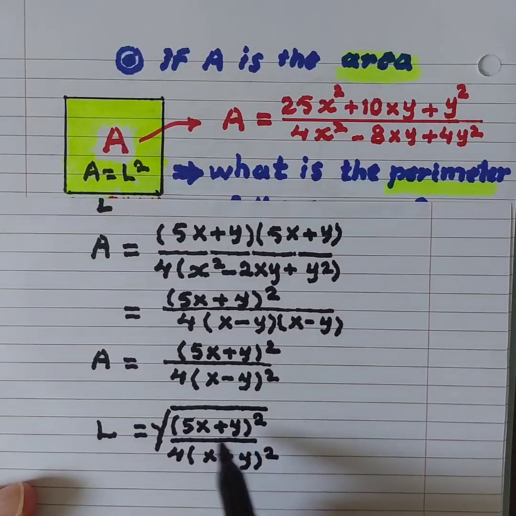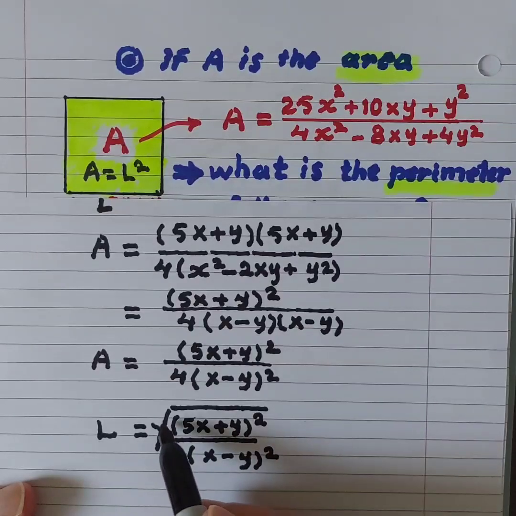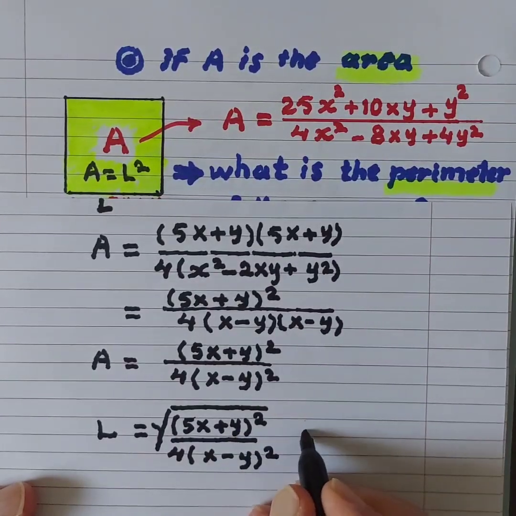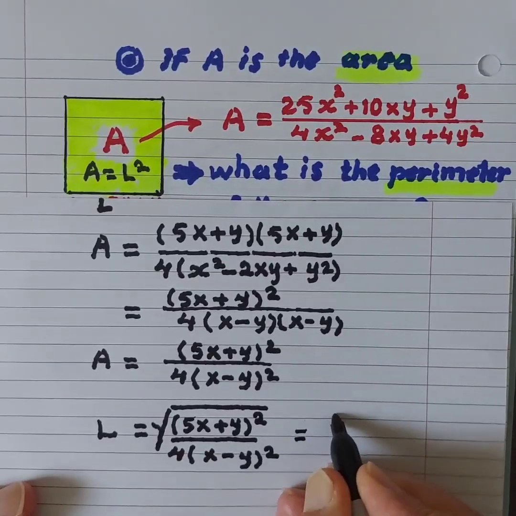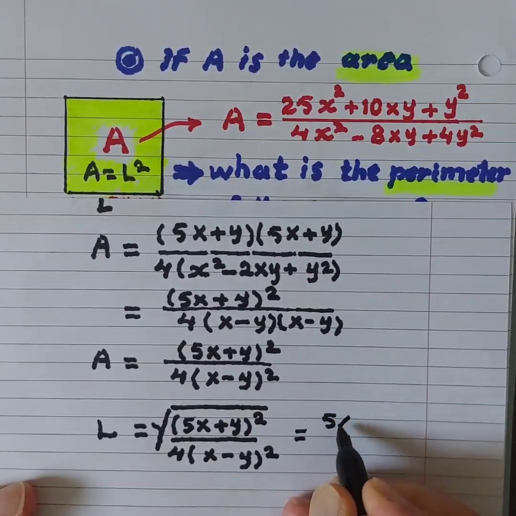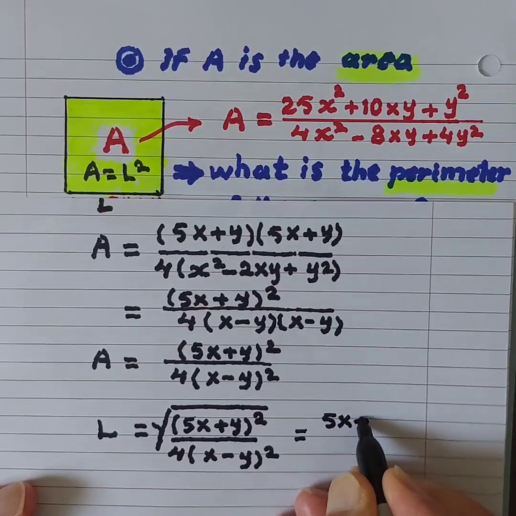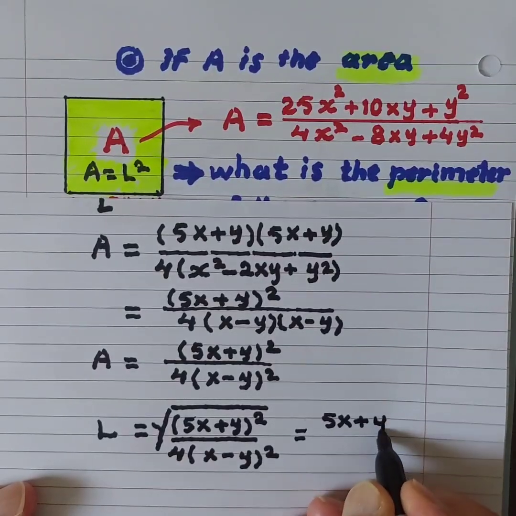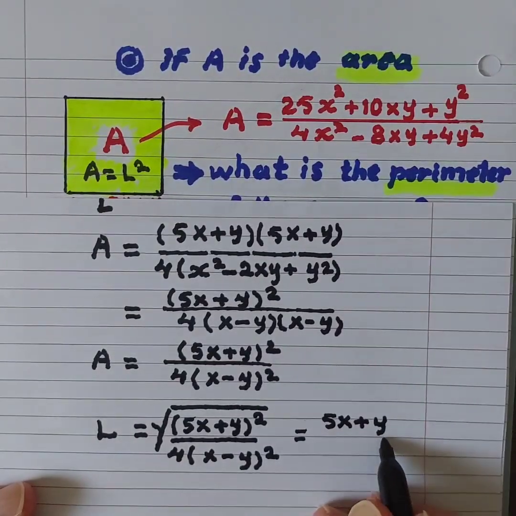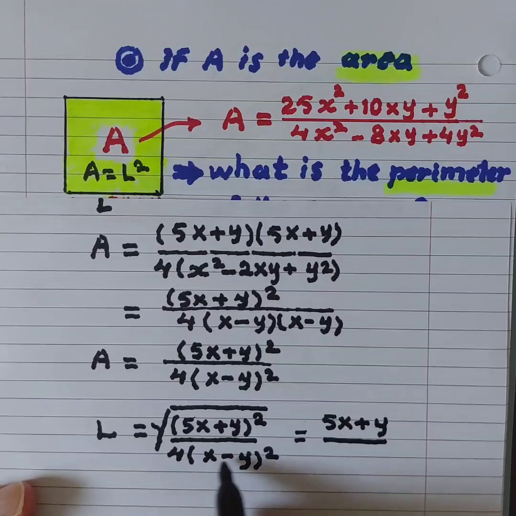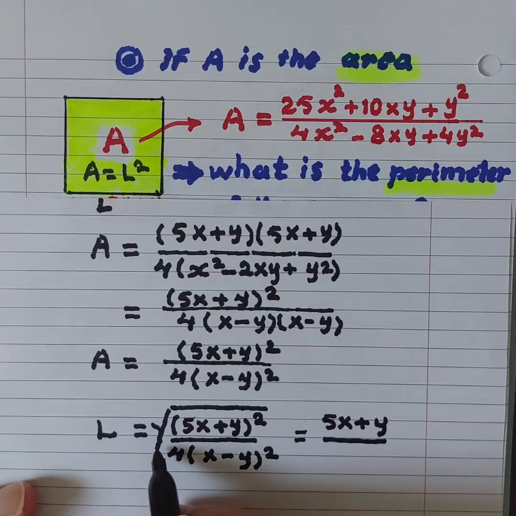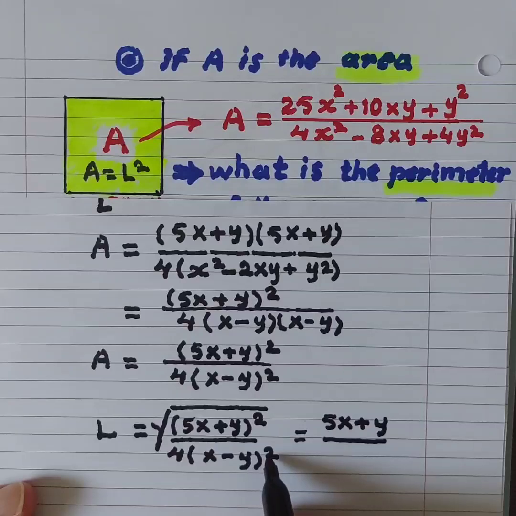And this means we can get the result here by removing the square root and the square here. So the result will be 5x plus y. Also, in the denominator, we can remove the square root sign and the square here.